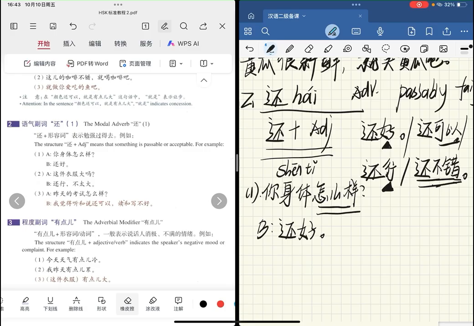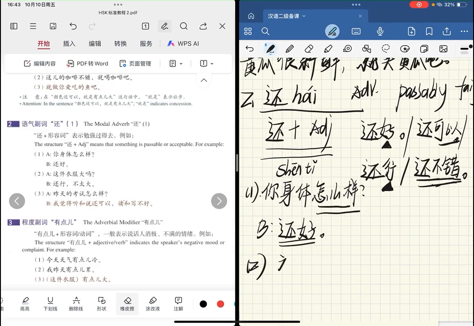We can also say 你好吗？Sometimes we just say 我很好, I'm good, or if you're not so good you can say 还好还好.